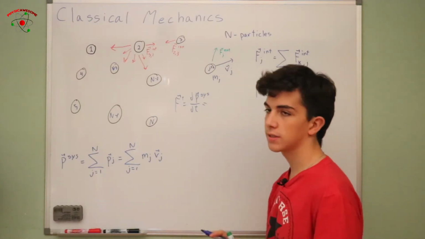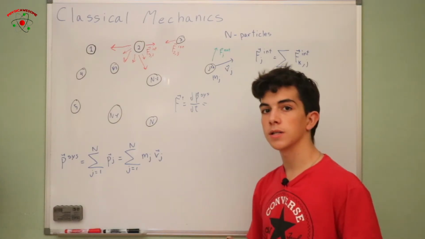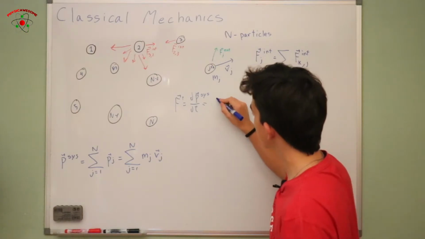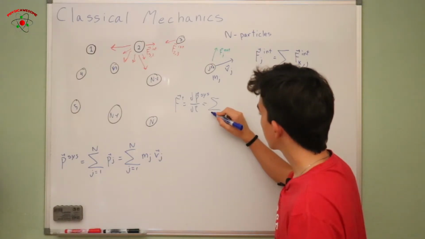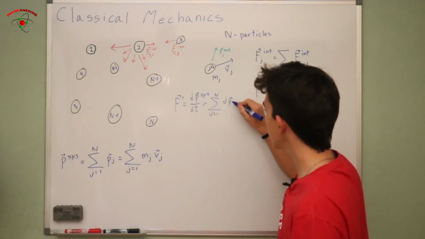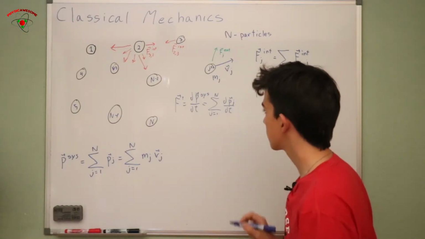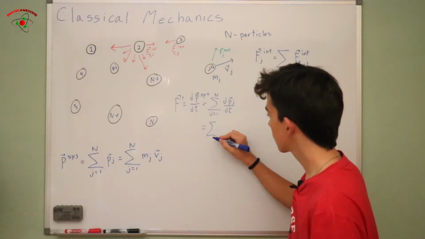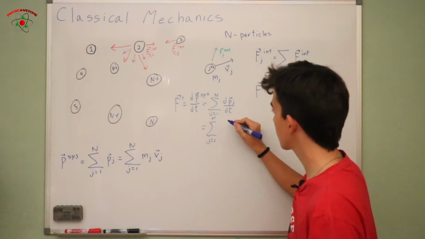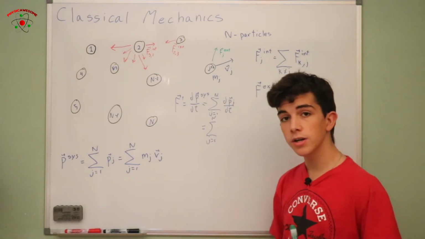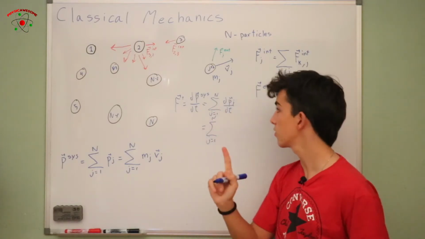And as the derivative is distributive, we can see that this is the sum from j equals 1 to n of dp_j/dt, which is, from j equals 1 to n, the force internal plus the force external.